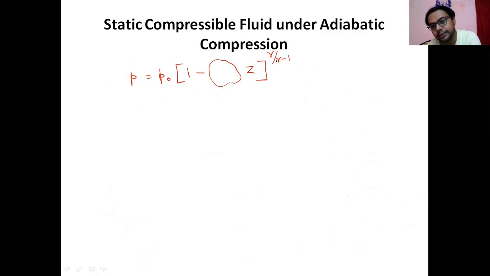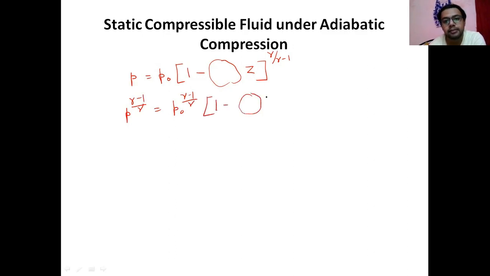This will come in this one. If you convert the same thing, P is varying in this way. Again, P to the power (gamma minus 1) by gamma is P0 to the power (gamma minus 1) by gamma into 1 minus some constant term into z. It was like this.